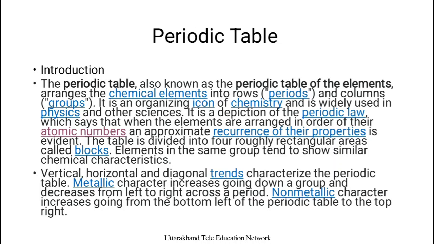It is a depiction of the periodic law, which says that when the elements are arranged in order of their atomic number, an approximate recurrence of their properties is evident.